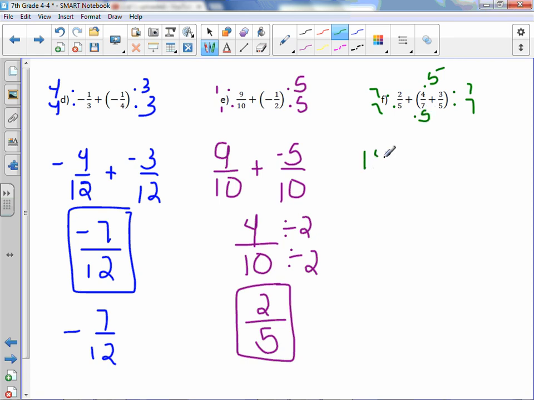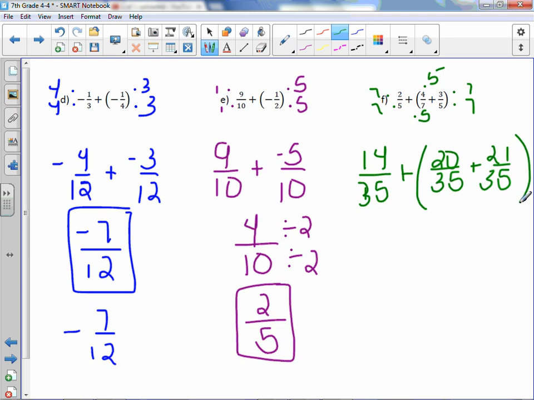So I get 14/35 plus, in parentheses, 20/35 plus 21/35. Doing what's in the parentheses first, I get 41 over 35. Bring down the 14/35 and the plus sign.